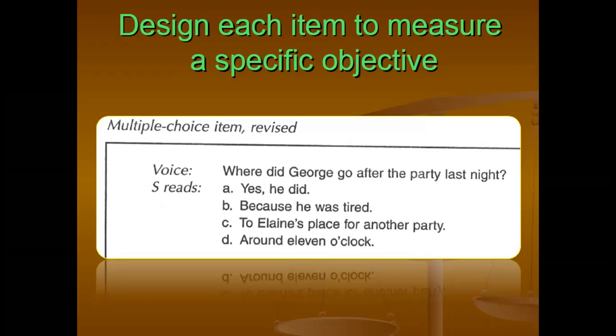Past tense, so question words or what? Exactly. Past tense and also WH question formation. Very good. And of the four options, the only one that answers the stem is C.